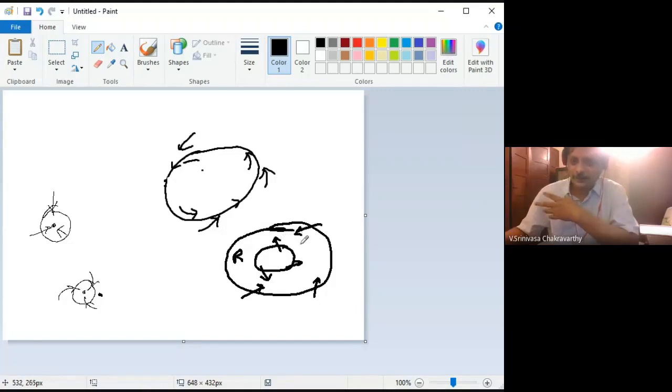Then it means you are trapped inside R. And the second thing is, you are trapped, but you have to keep moving, because if there are no fixed points inside R, then you have to keep moving. Only at fixed points do you tend to stop, if at all. Even a fixed point, if it is an unstable one, you will stay there forever if you are on it, but if you are pushed off a little bit, you will move away. Suppose there is no fixed point at all, you have to keep moving.